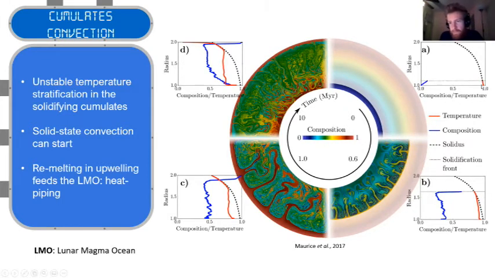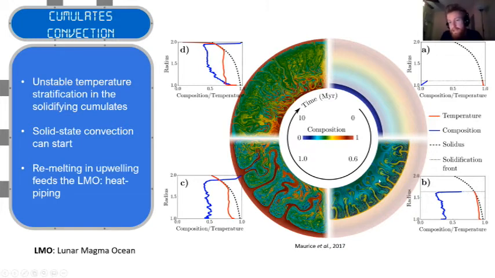And here I'd like to draw your attention to this profile where you see the solidification temperature and the temperature in the cumulates in red. And you see for this case that the magma ocean solidification lasted only 1 million years. You can see here the bottom of the magma ocean evolving from this time to this time.